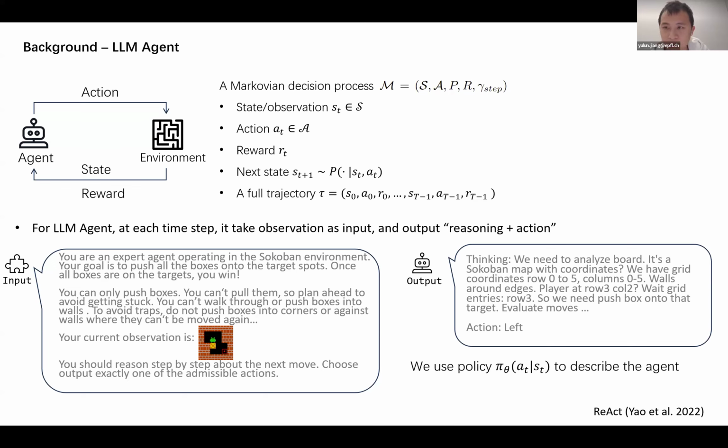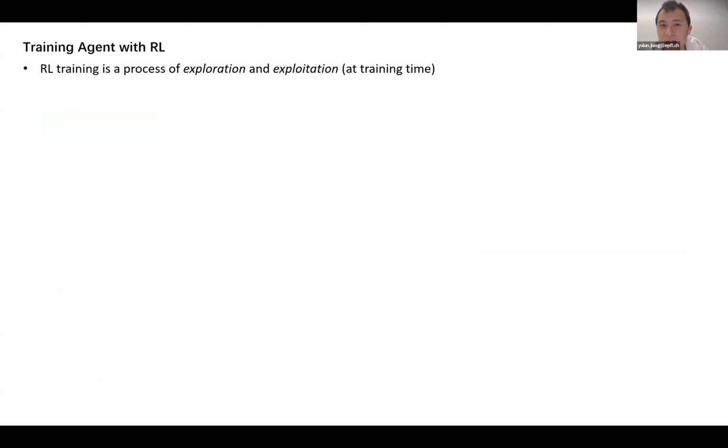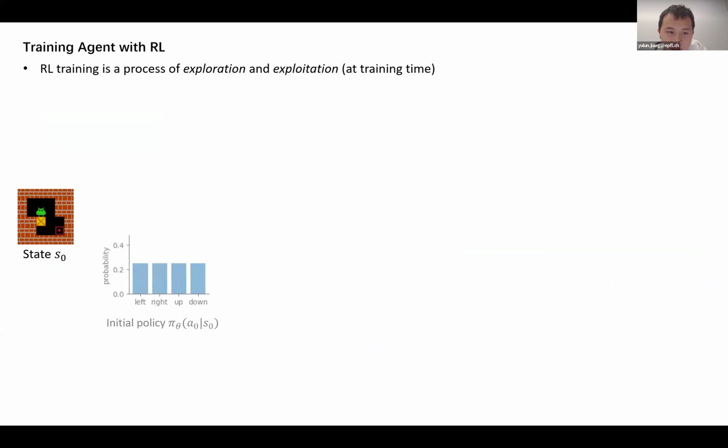So this is the background. Then when we think about how we use RL to train this policy, this can be briefly described as a process of exploration and exploitation at training time. What this means is, still consider this Sokoban game, and we only consider the first step, step 0: what action will you take?